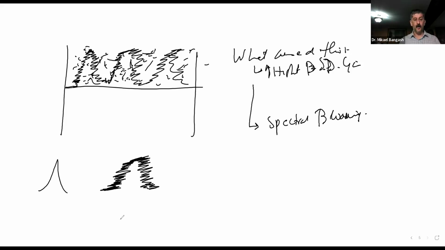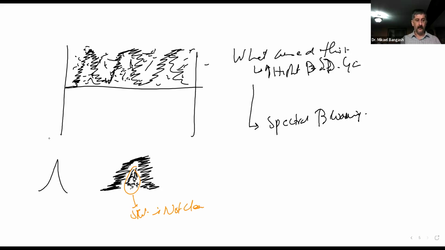And as what I also see, the spectral window is not clear.